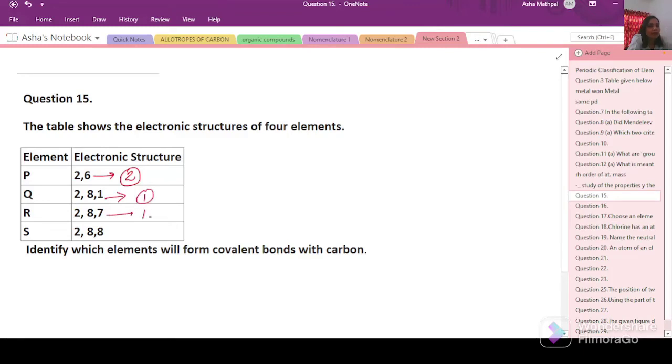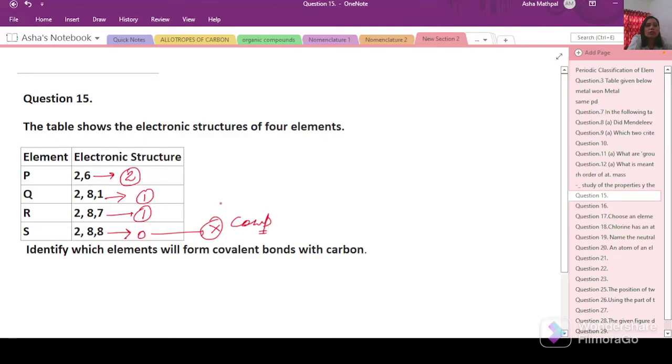And S, 2,8,8, has valency 0. That is, it is a noble gas, so it will not form any kind of compound. So this is out of the question now.